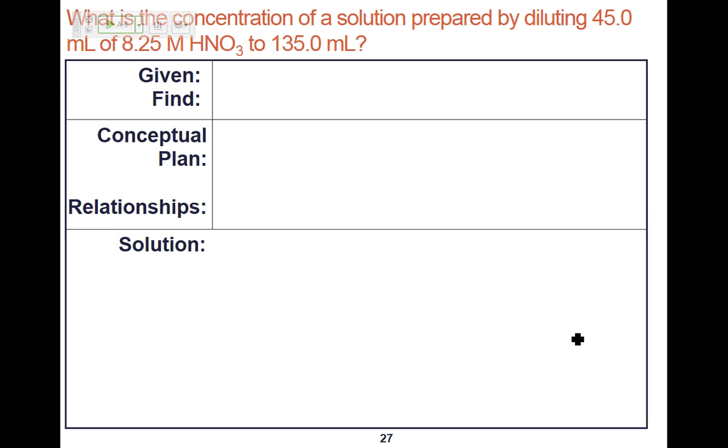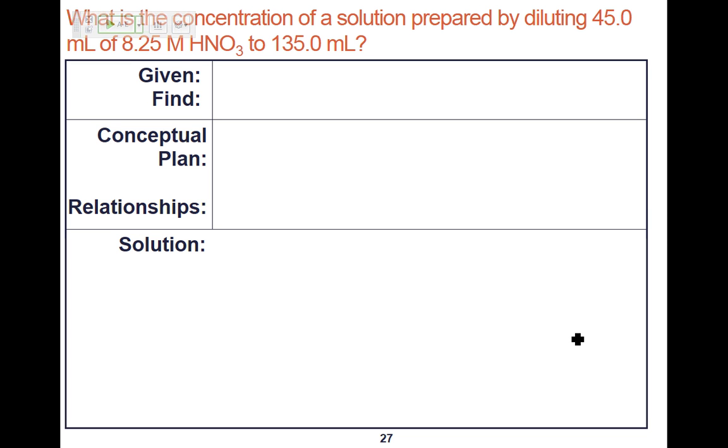That's our concentration. I have 8.25 moles of HNO3 for every liter of HNO3. I took less than a liter. I took 45 milliliters. 1,000 milliliters is equal to a liter. So I took less than that. And then I took that and I added enough solvent to change my volume to 135 milliliters. My question is, what is now my concentration?